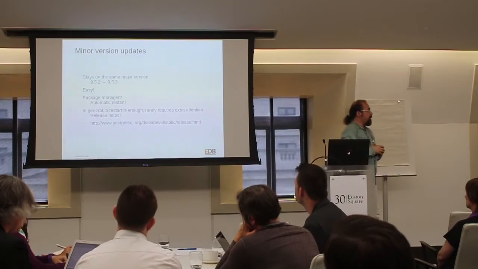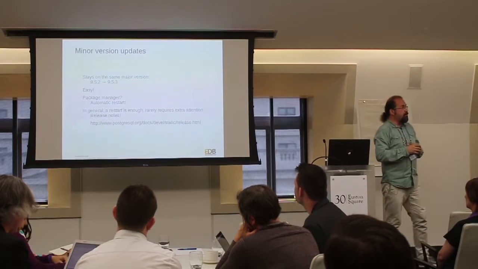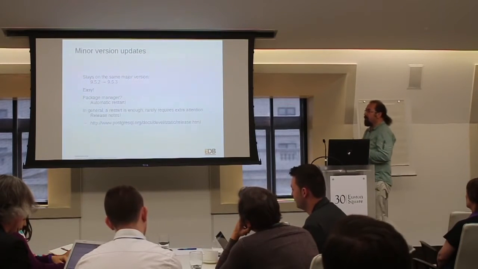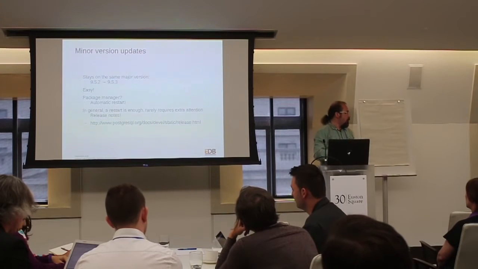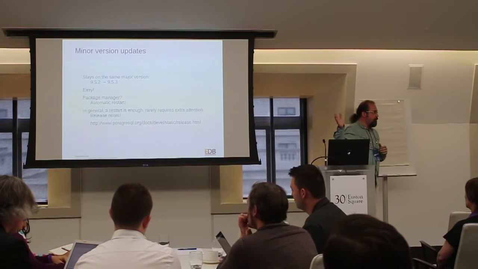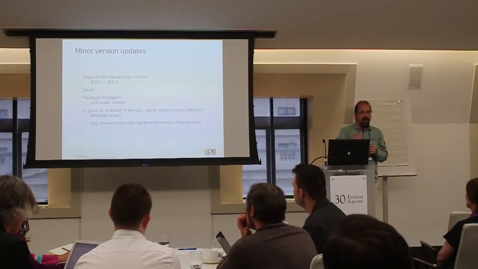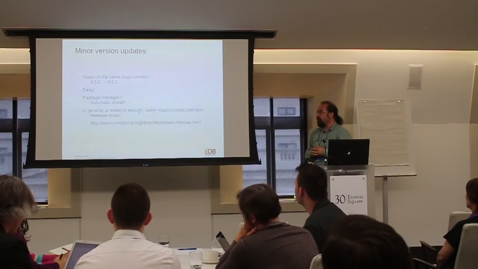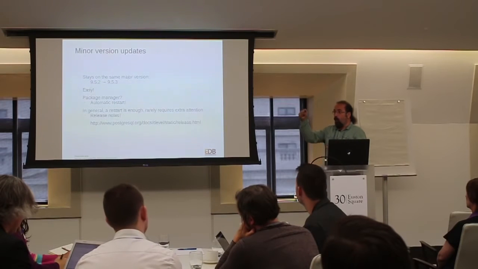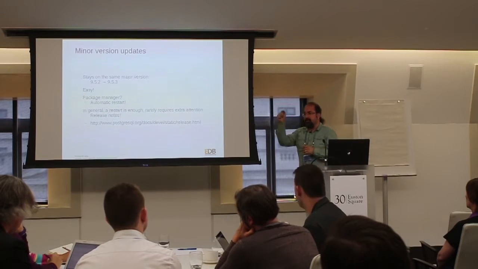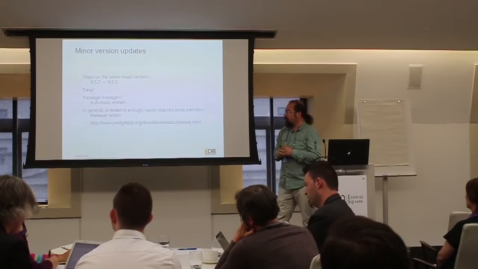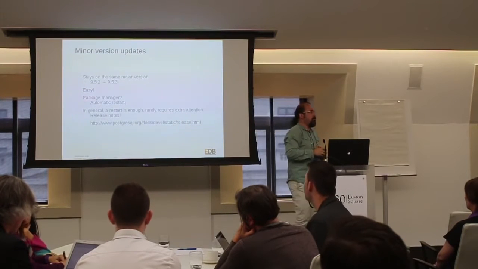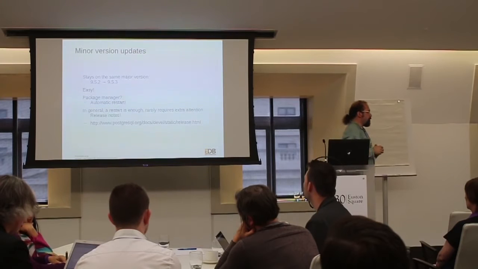And another thing about the minor version upgrades is they are cumulative. For example, if you are upgrading from 9.5.0 to 9.5.3, it includes everything between the 0.0 and 0.3 release. So you should read all the release notes from the minor version that you are using up to the minor version that you want to upgrade to.